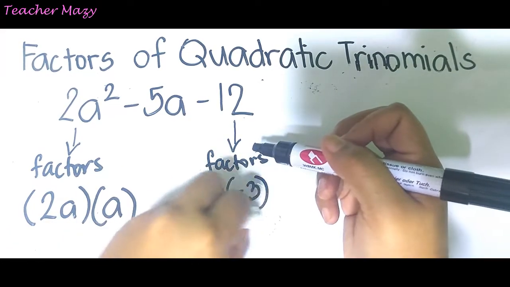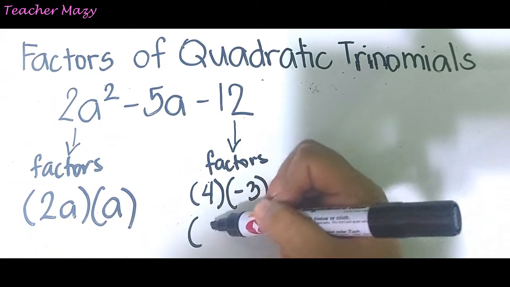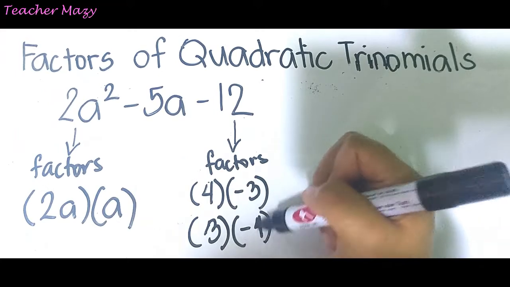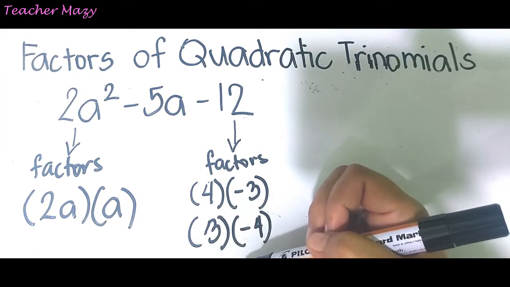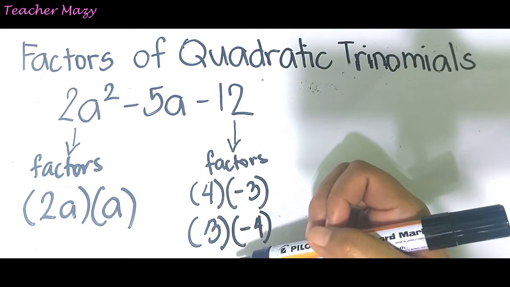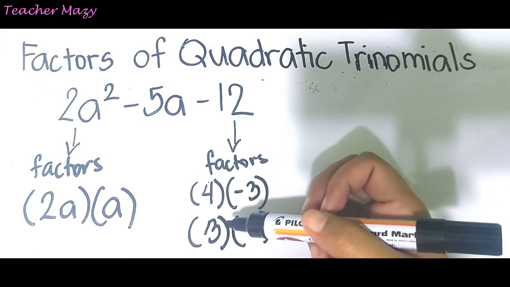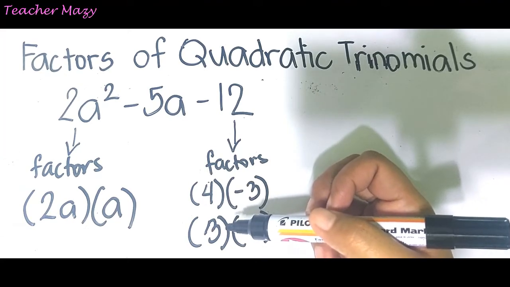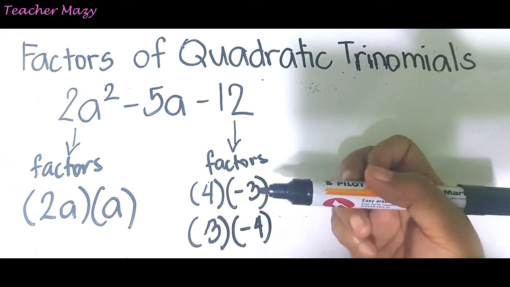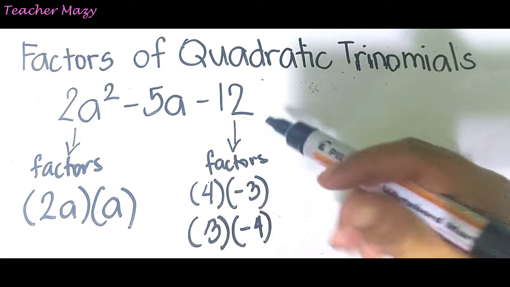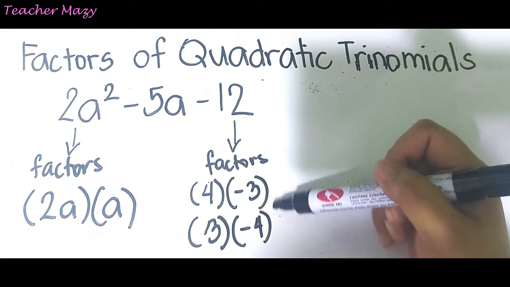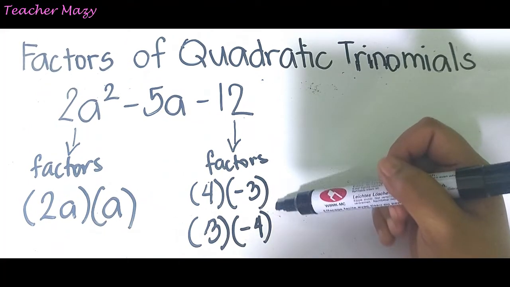We can also use positive 3 times negative 4, negative 1 times positive 12, positive 1 times negative 12, 2 times negative 6, and negative 6 times 2. But to make this video shorter, let's just use these as examples.